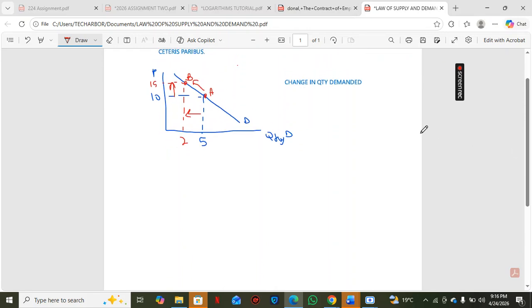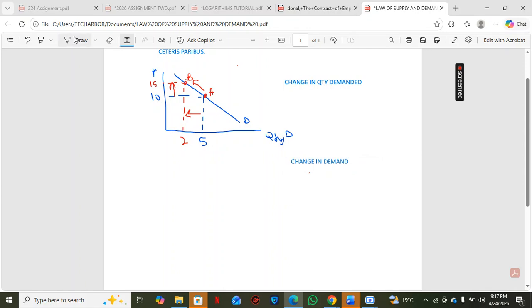Then you have also got change in demand. This is where other factors, apart from price, affect the quantity demanded. So here we say change in demand.